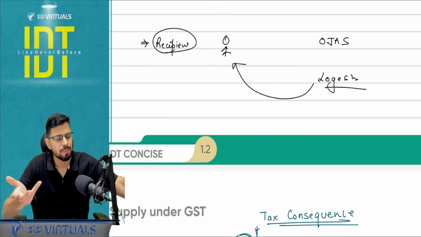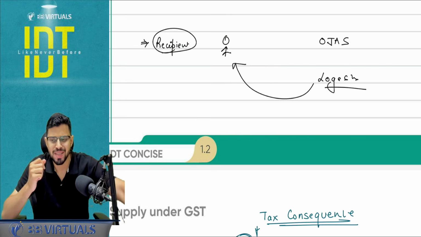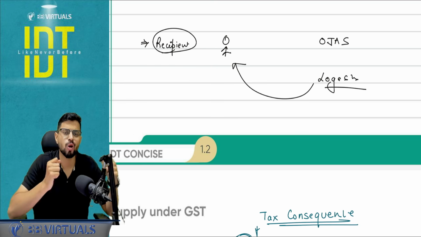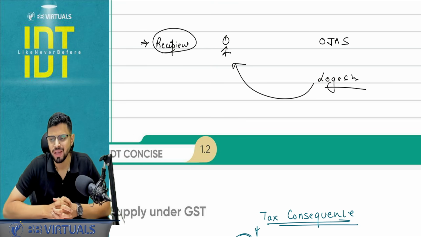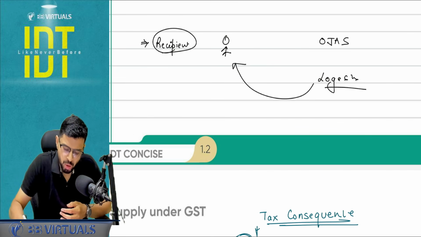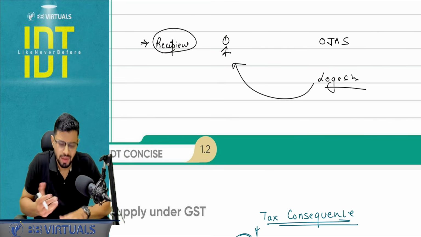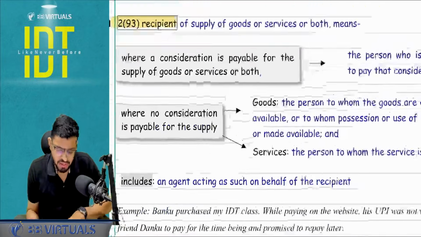It is Ojas. Why did you say Ojas? Sir, simple logic. Why do we need to understand law for it? It is the person who is liable to pay the consideration. Because ultimately Ojas is going to repay Logesh. Right? So apply logic. This is the feel factor.